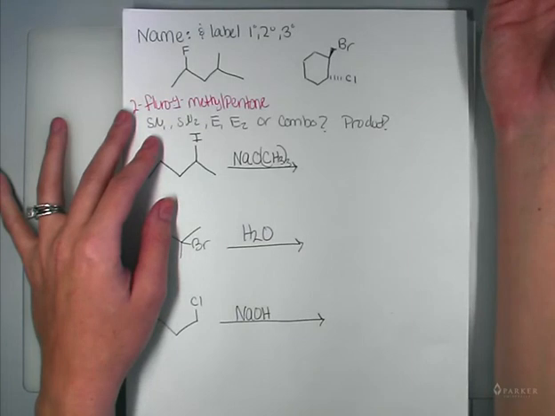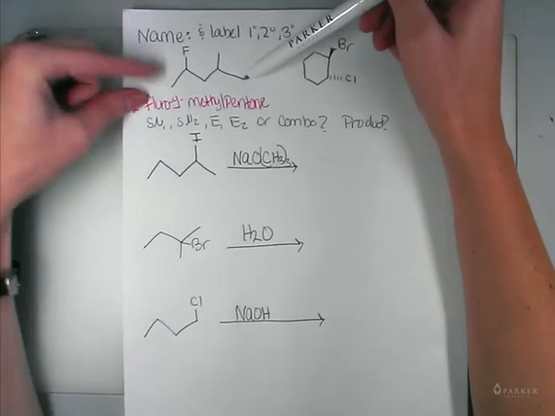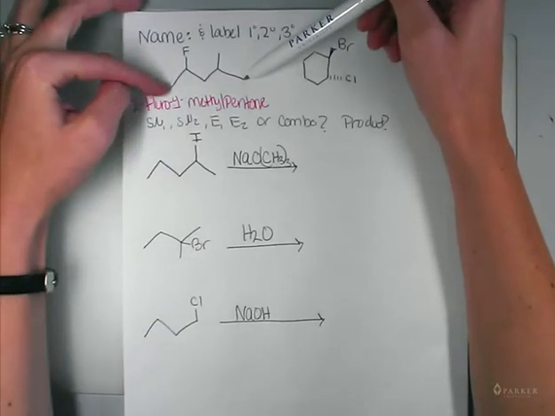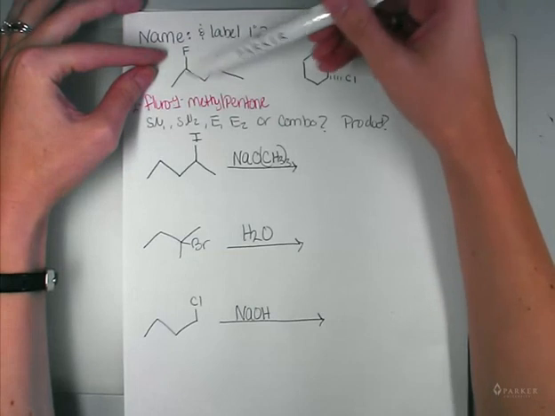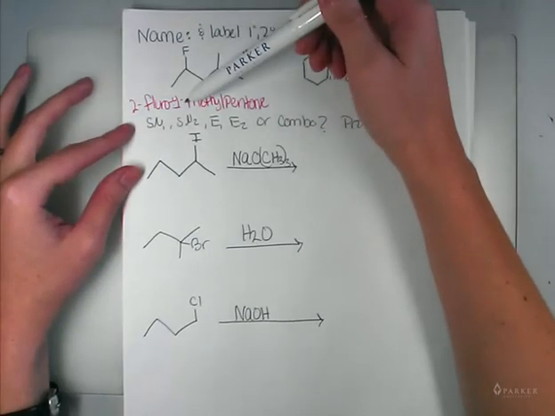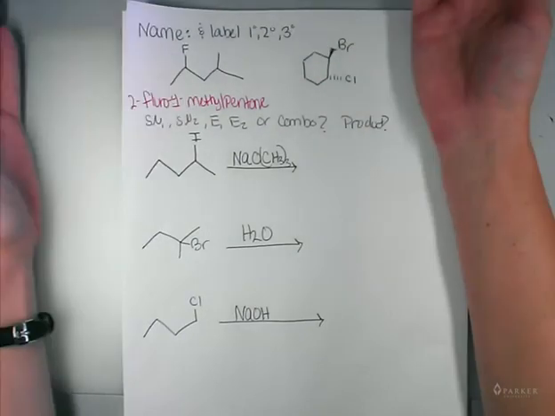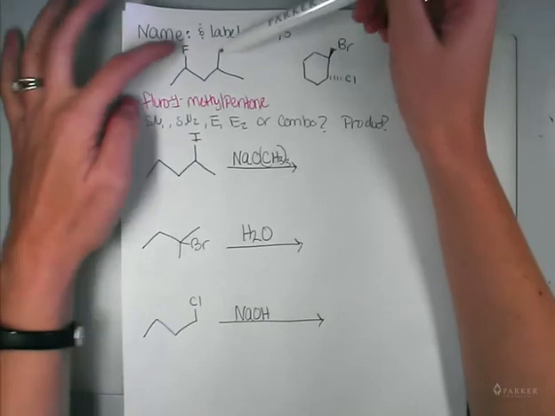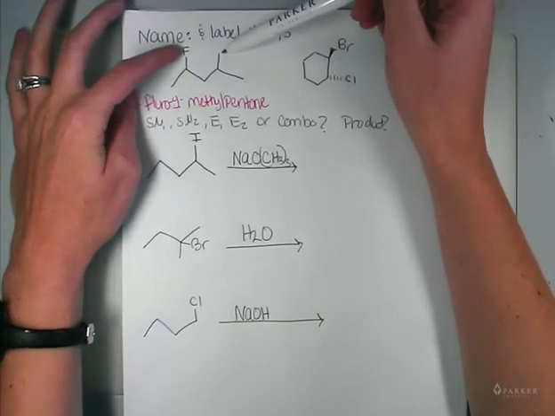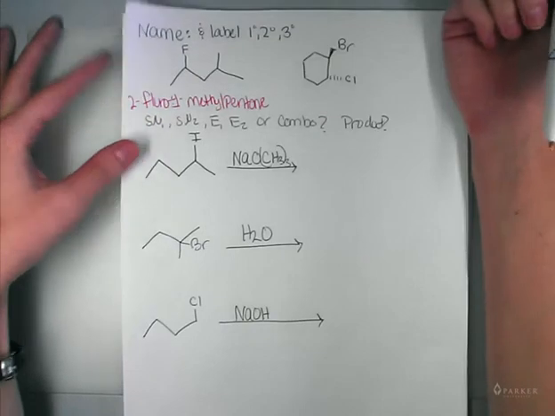Alphabetical. Do you see that right here? They're both 2 away, right? I could have gone 1, 2, 3, 4. So I could have gone 4, 2, or 2, 4. What you do at this point, because not one of them has more branches, right? They both have 1 branch each. So then you just go alphabetically. Fluoro comes first, so we name it 2-fluoro.